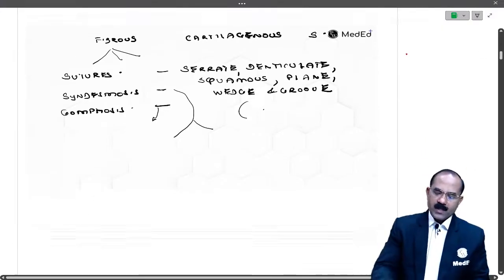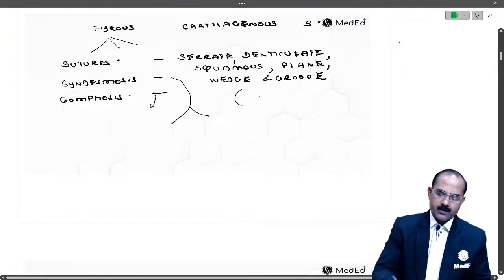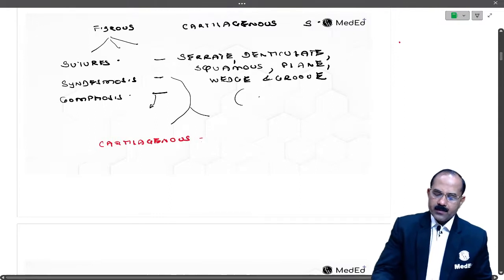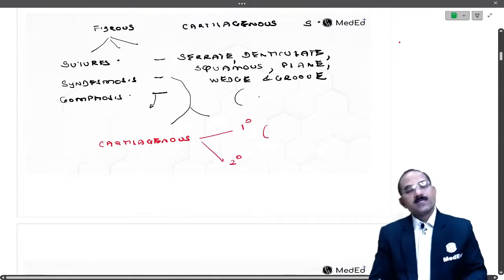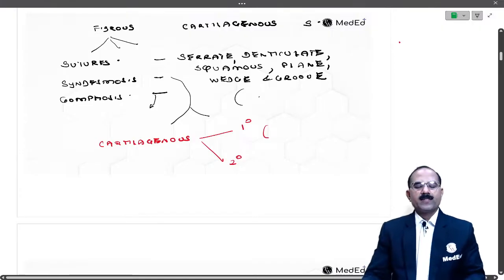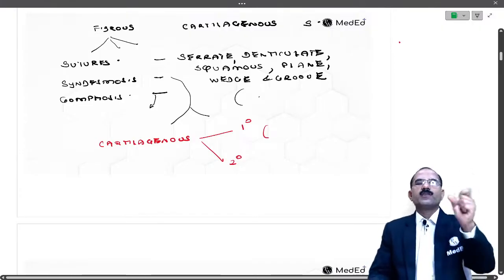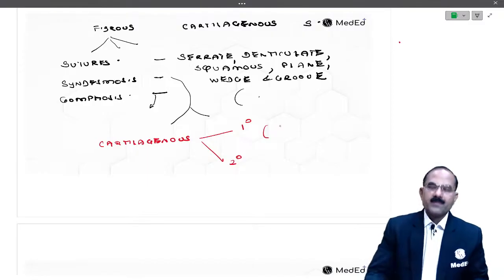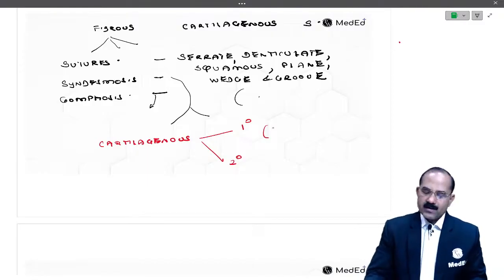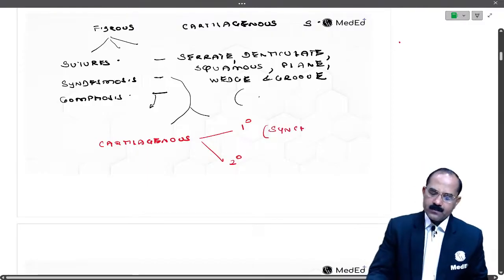Now coming to the second type of joint, the cartilaginous joint. Cartilaginous joints are of two types: one is primary cartilaginous, the other one is secondary cartilaginous. What is the primary cartilaginous joint known as?